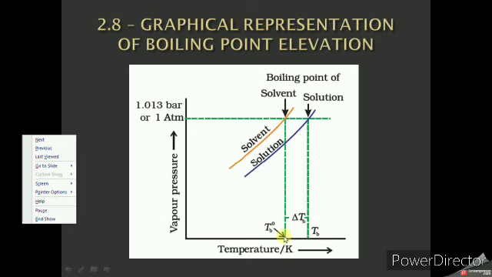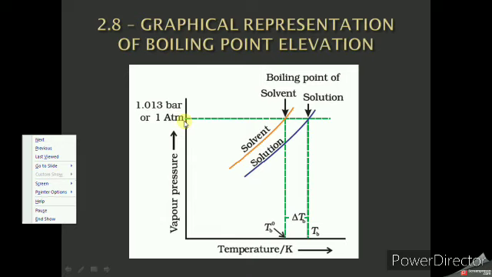It is denoted by Tb0, and it is clear from this graph that the boiling point of the solution is higher than that of the pure solvent. Okay, and at the boiling point of a liquid, its vapor pressure is equal to 1 atm. This is according to the definition.